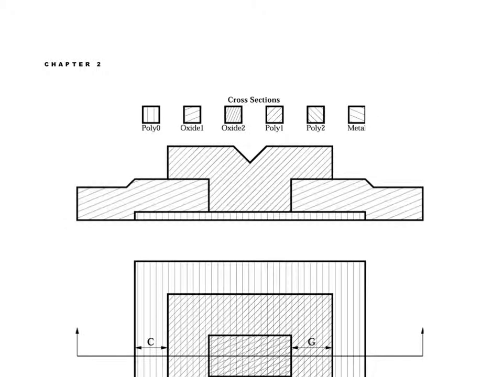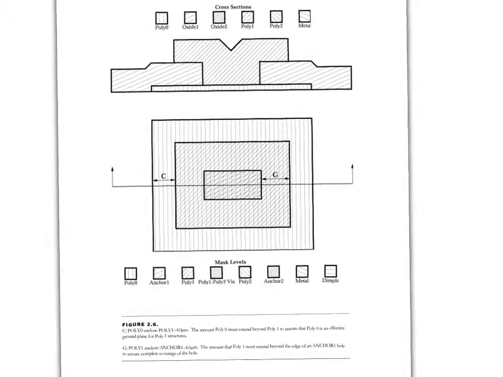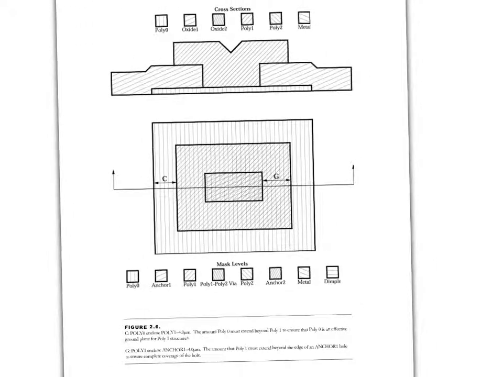All right, so here's the next one. What is this? So here's our poly 0 again down here. Okay? We made our hole in the oxide, the anchor hole. And then what is this stuff? This is new.